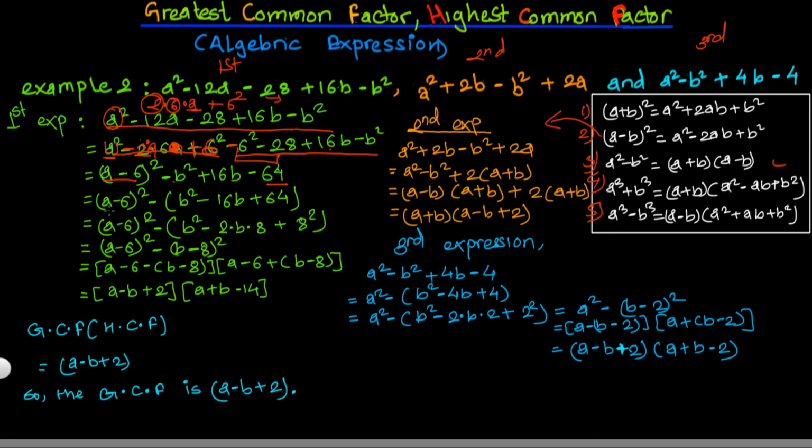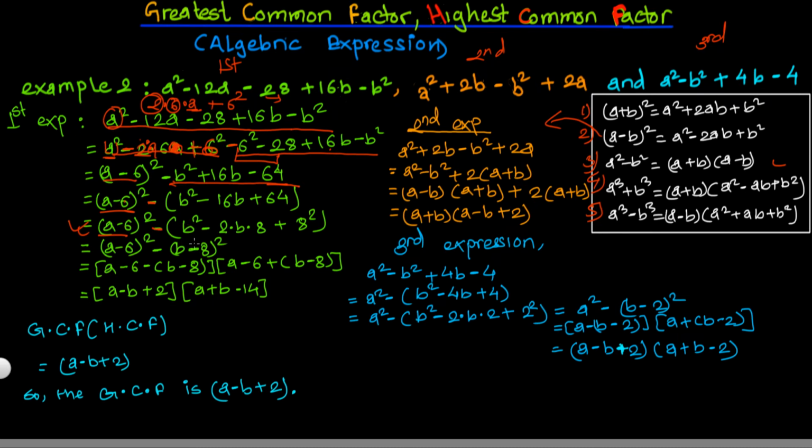Now let us see. So a minus 6 whole square, if I take minus common from all three terms over here, I would get b square minus 16b plus 64. In the next step, I square this up as it is. It's the same thing over here.